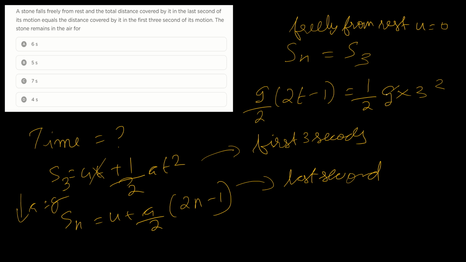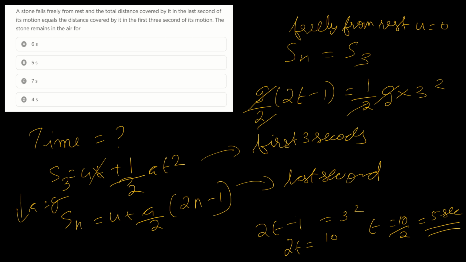So g and g will be cancelled, 2 and 2 will be cancelled. 2t minus 1 equal to 3 square, 2t is equal to 9 plus 1, that is 10. t is equal to 10 by 2, which is 5 seconds.